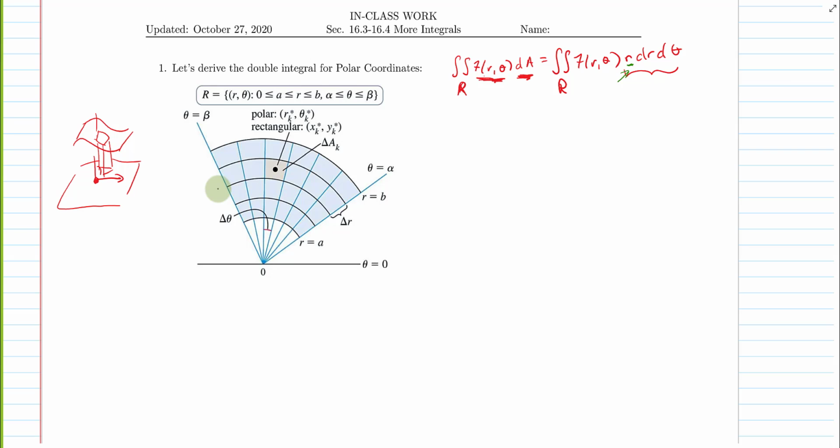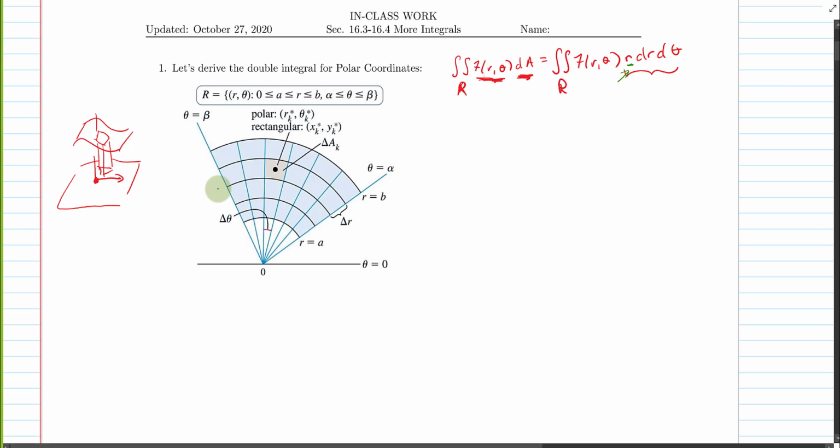Okay, so the first thing I want to do is think about what I want to find now, which is the area of the kth rectangle. So we want the area of the kth rectangle.